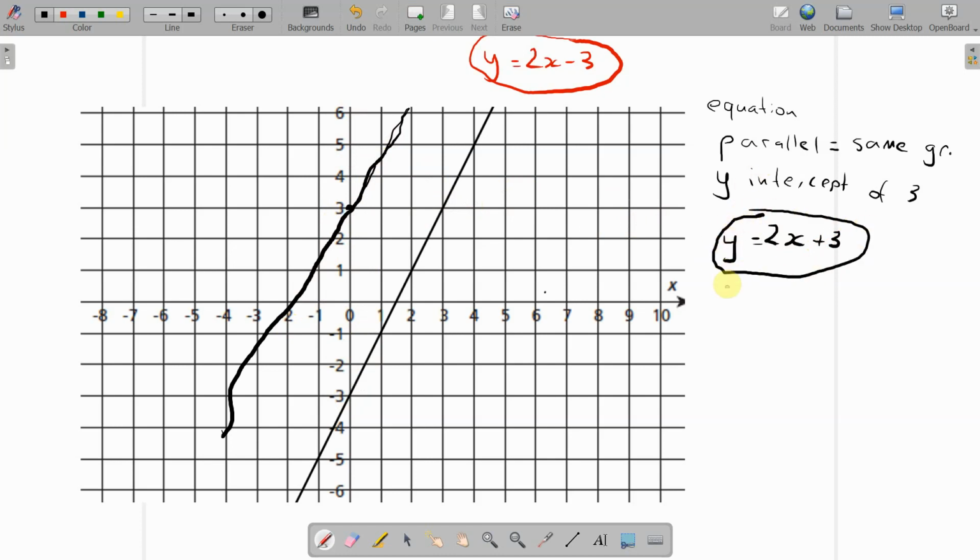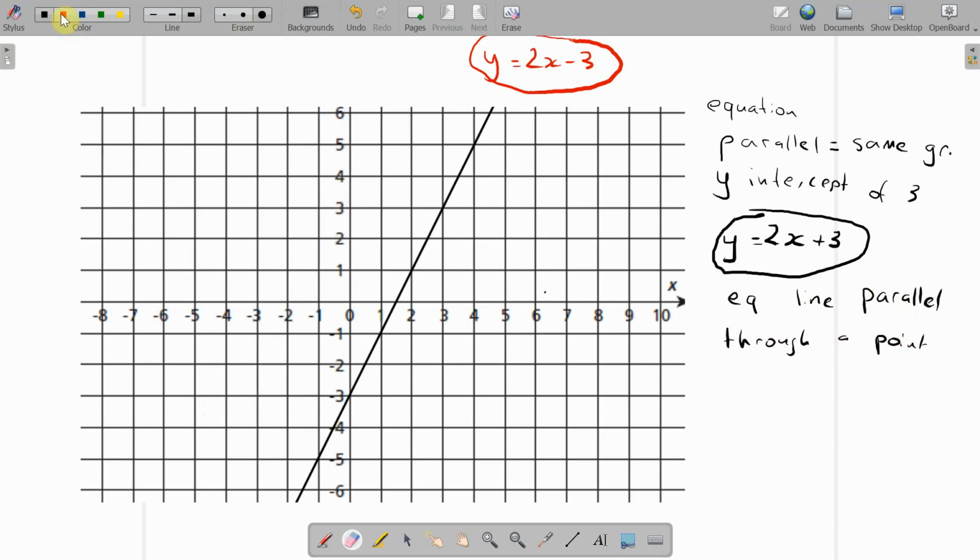Now what if you're asked to find the equation of a line parallel, but it's going through a point? And I'll just take this one away.